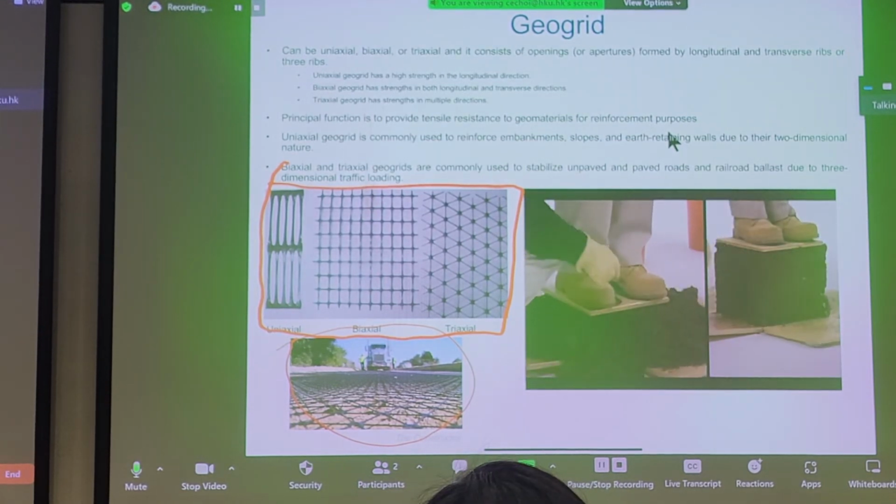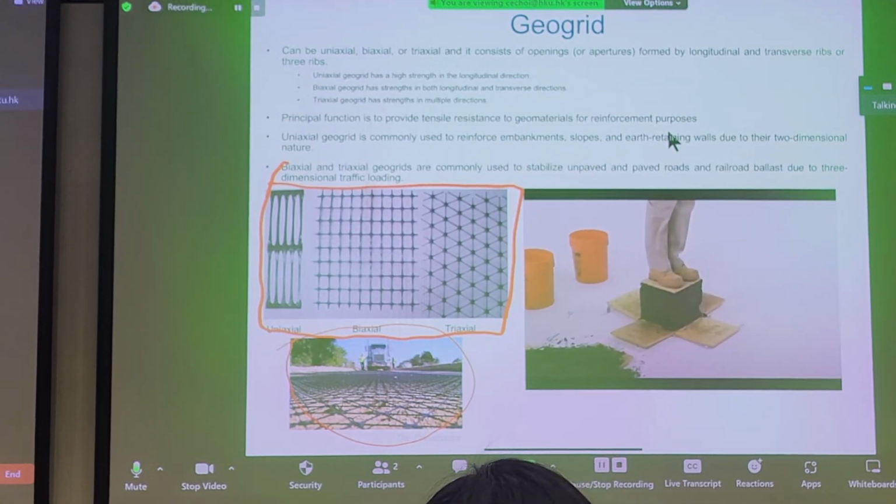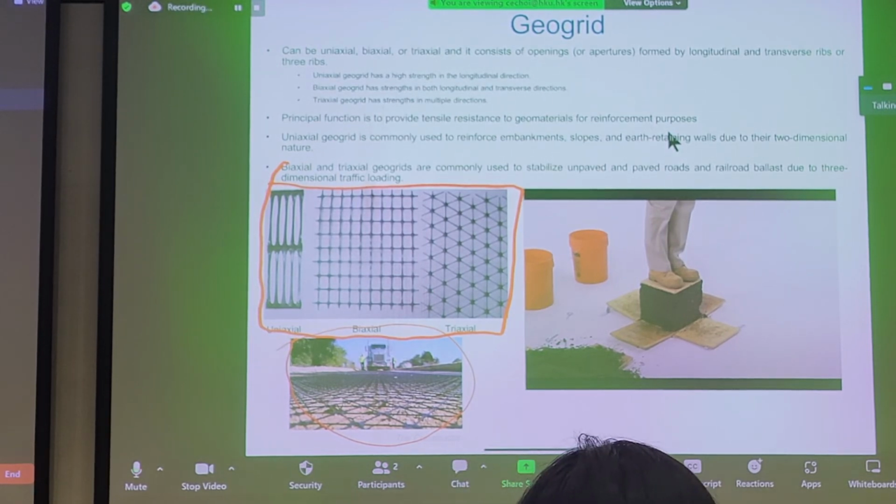So we can use geogrids as a form of ground improvement for retaining walls, for slopes, for embankments. We can increase the bearing resistance as well. If you want to improve bearing resistance, you can put sheets of geogrid underneath a shallow foundation, for example. That can help you increase bearing resistance. So you can see here it's quite substantial. By using the tensile resistance from the geogrid, you can improve shear resistance of the soil.